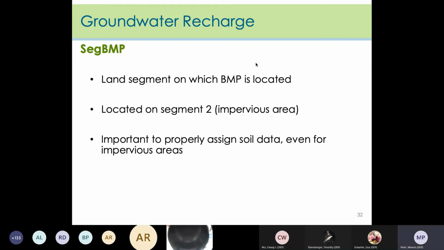Your land segment is where the BMP is located on the site. So here, the BMP, it's underground and in an impervious area. So it doesn't affect how it'll work out, except they did use the wrong soil, which will lead to its own issues in the long run when you're looking at this project.